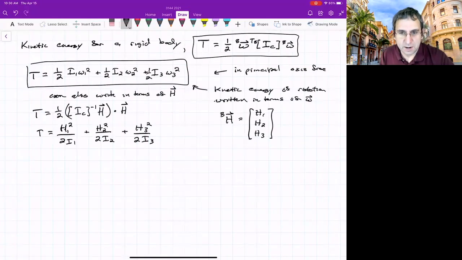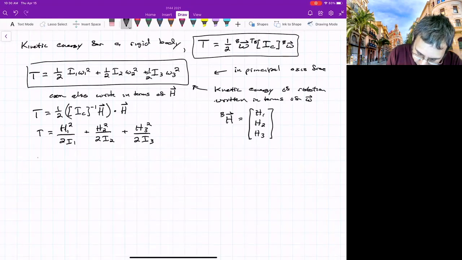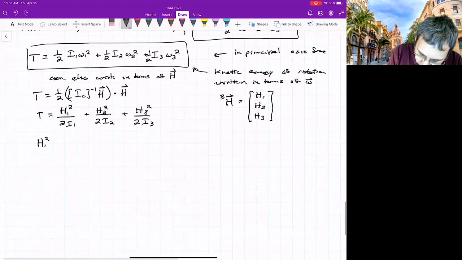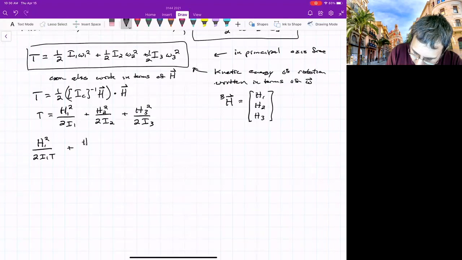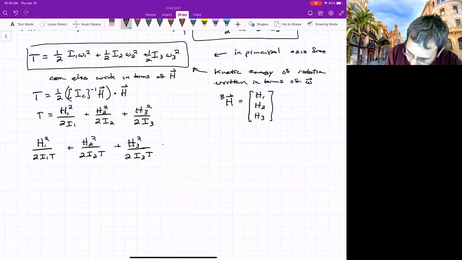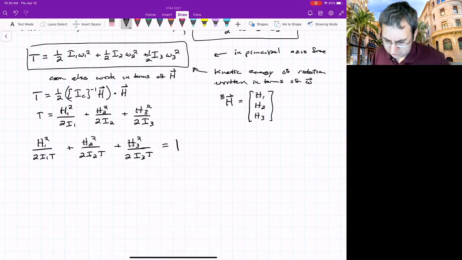If we divided by T, let's just divide by T, we get H1 squared over 2I1T plus H2 squared over 2I2T plus H3 squared over 2I3T equals 1. And now maybe you'll see something.